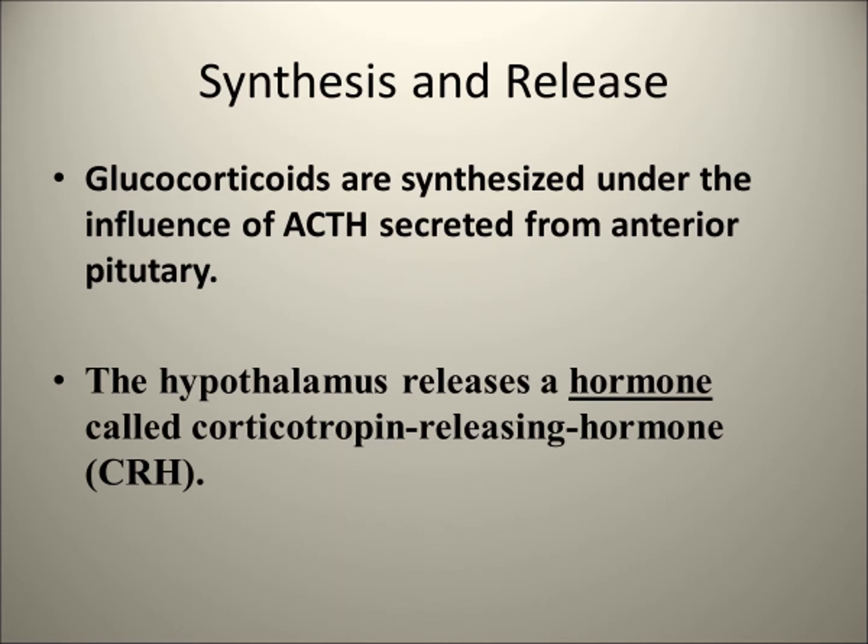So how is it synthesized and how is it released? They are synthesized again under the influence of ACTH, and from where does ACTH come? Anterior pituitary. The hypothalamus then releases a hormone called CRH, corticotropin releasing hormone.